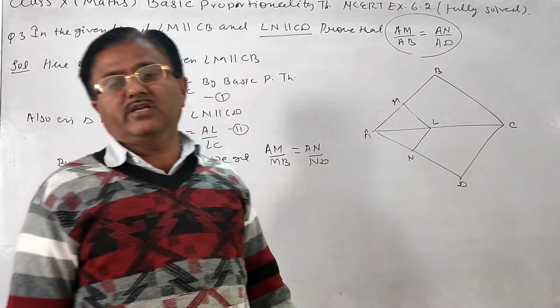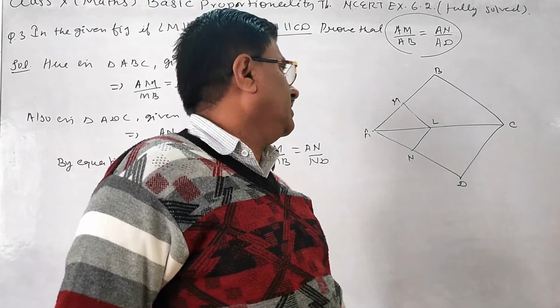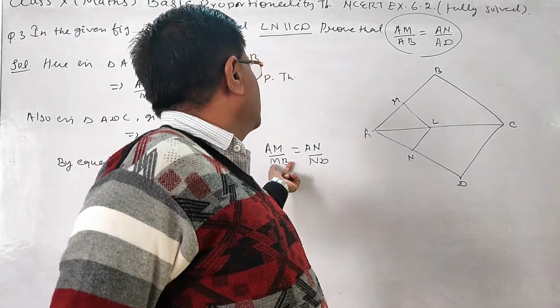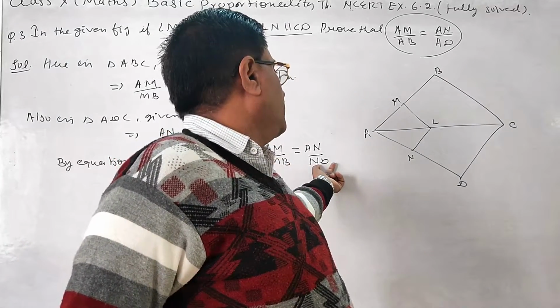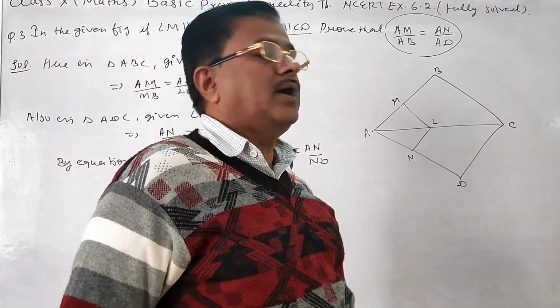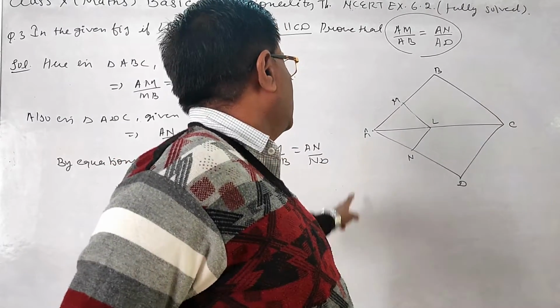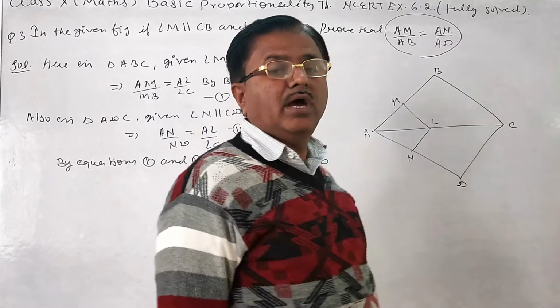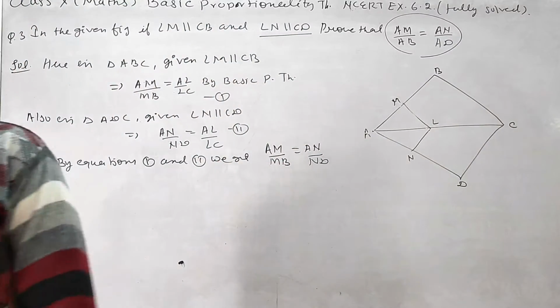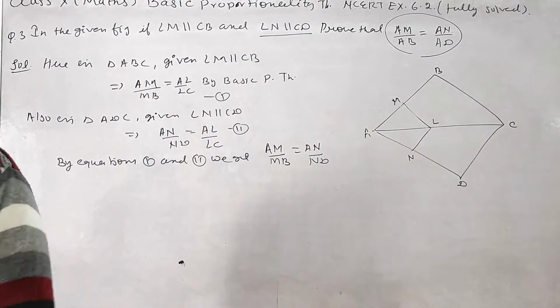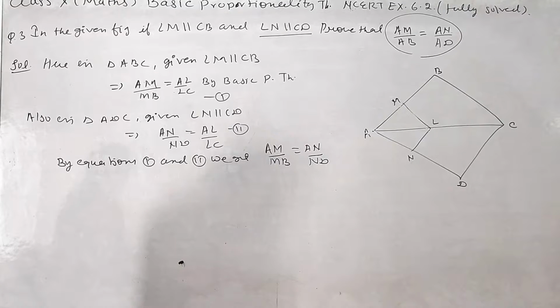So the denominator is different. Dear student, you can say this is part of AB and this is part of AD. So if you want to complete the given side AB, we have to add 1 on both sides, numerator and denominator. The numerator is complete because we want AM as AM, but in the denominator we need this.